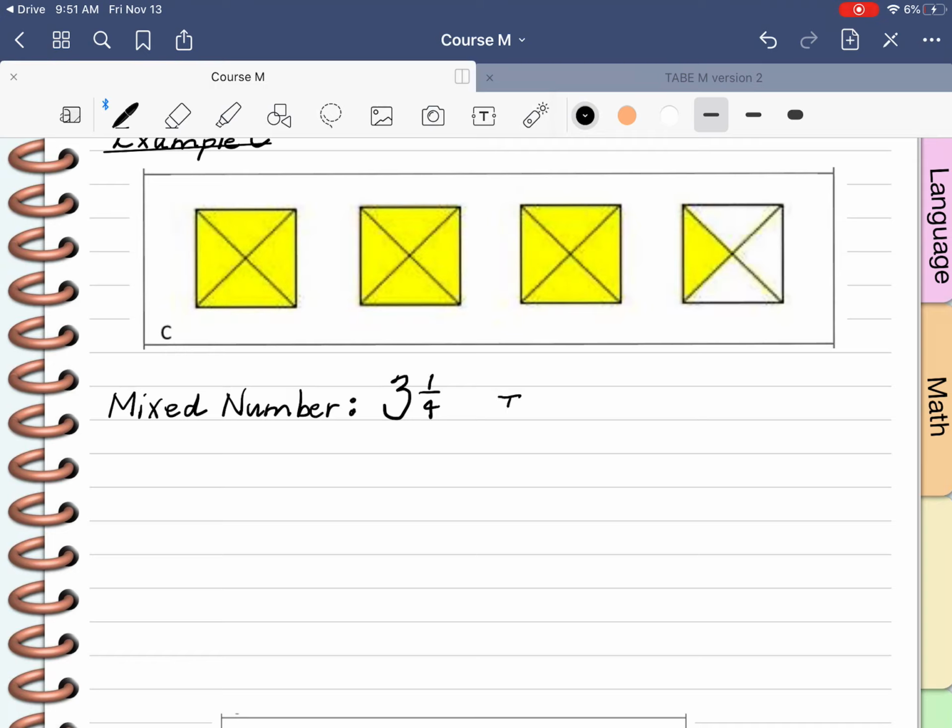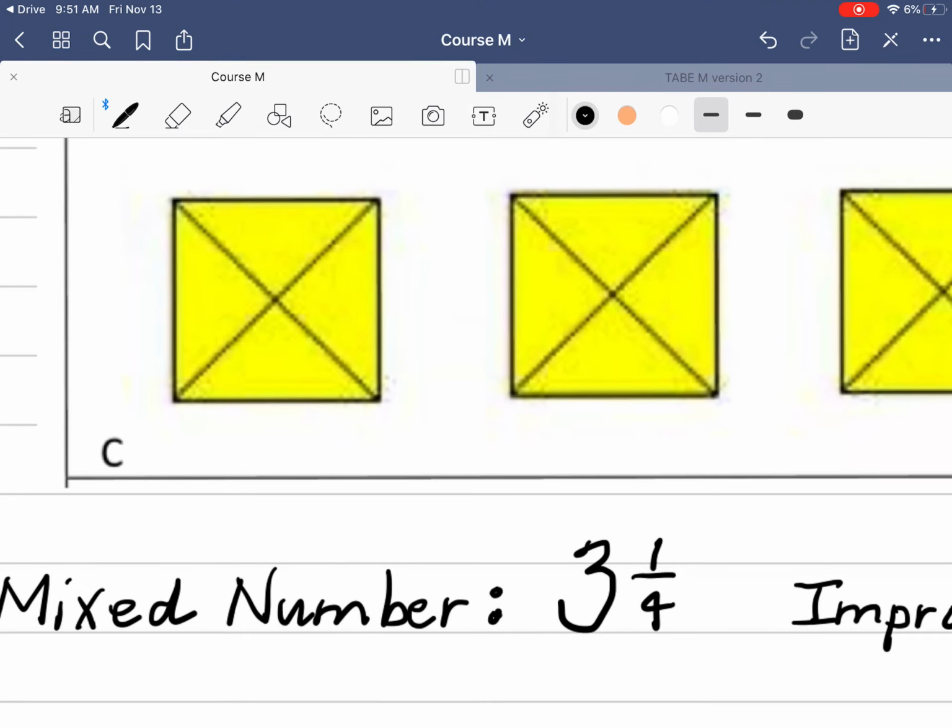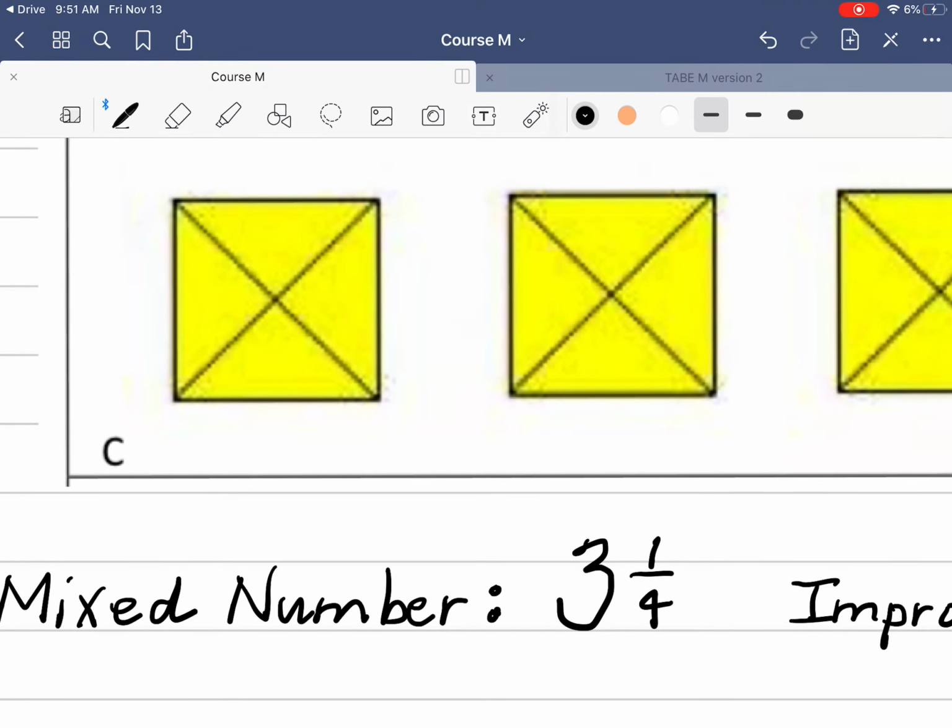So the improper form of this fraction is, let me show you a trick here. I started to do this on the first one and decided not to. Okay, let's count the fourths here. This is 4/4, which is the same as 1 whole.